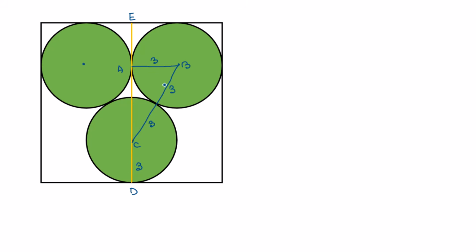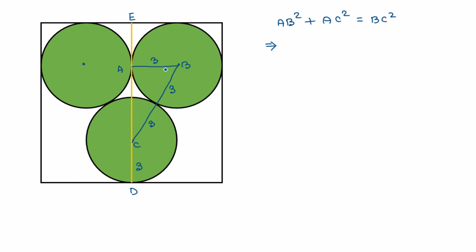So applying Pythagoras theorem here, we can write AB square plus AC square is equal to BC square.